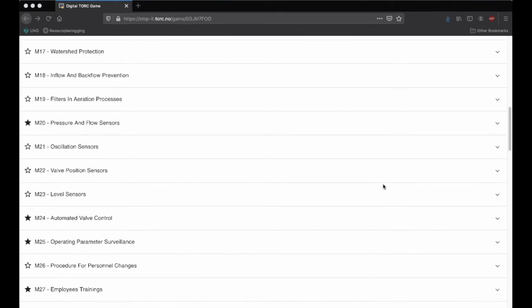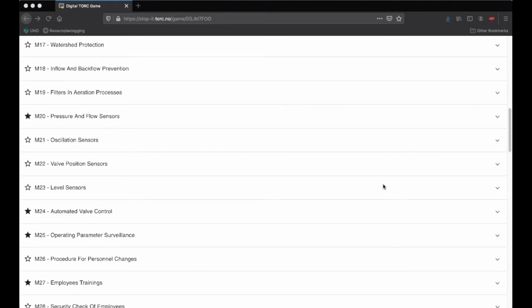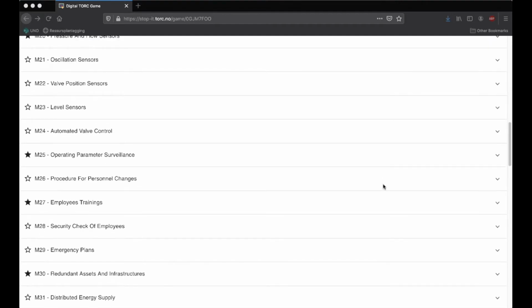No, this one. Sorry? Yes. The distribution network that is supplied by the tank 5, is it connected with another distribution network, or is it isolated?